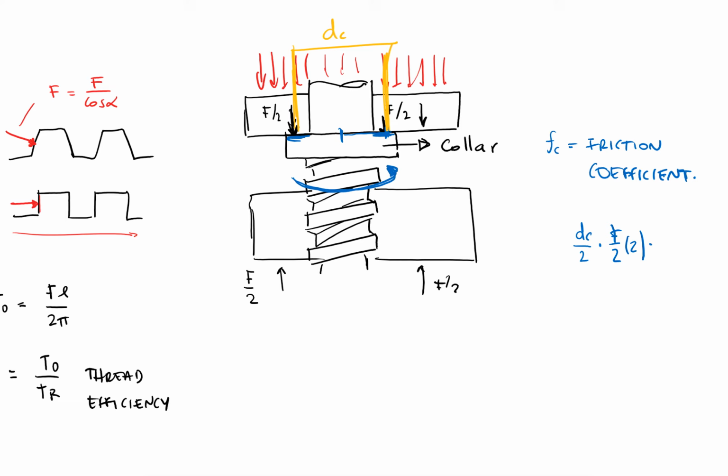The F would be my normal force, and times the friction coefficient it would be my friction force. This would be the friction force times the radius. This would be the extra torque because of the collar. We refer to that as the torque required to overcome the collar friction. So this would be F dc fc over 2. And we're going to use that as well.